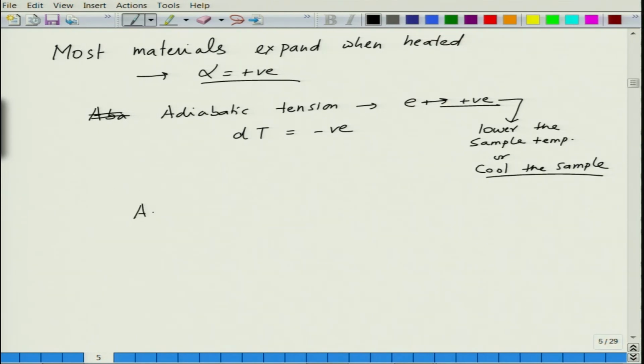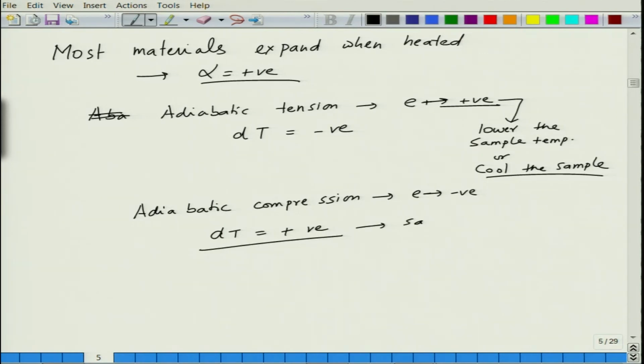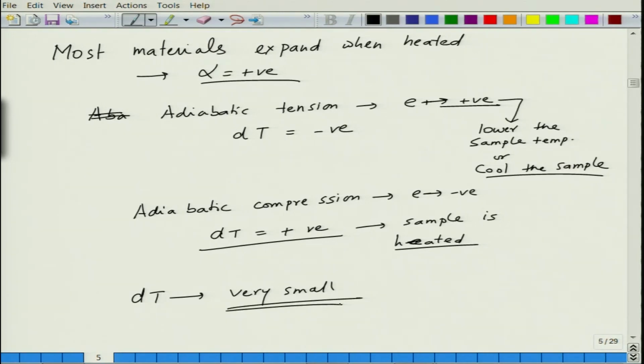On the other hand, if you have adiabatic compression, it means that E is negative and then dT will be positive, which means the sample is heated, all right. The amount of dT however is very small, but there is a change, okay.